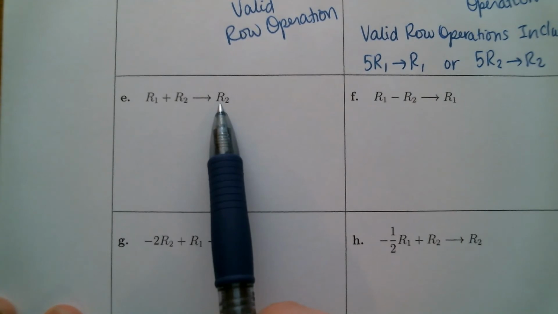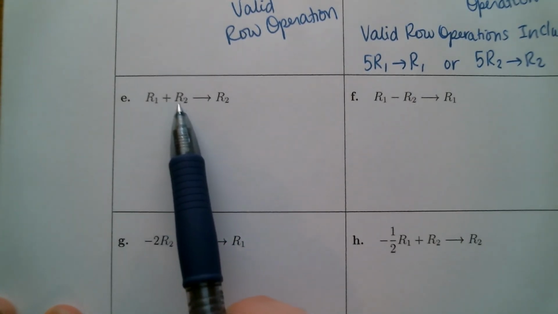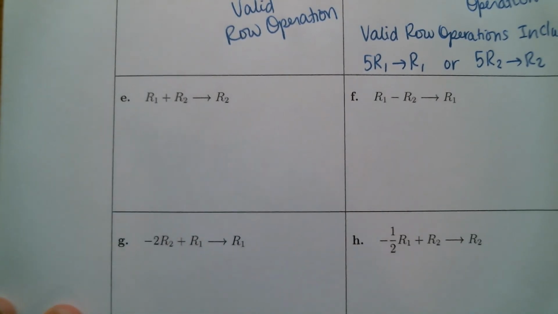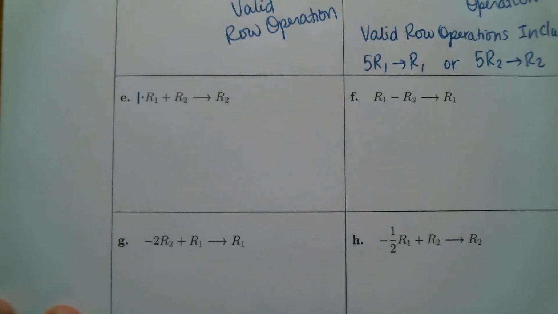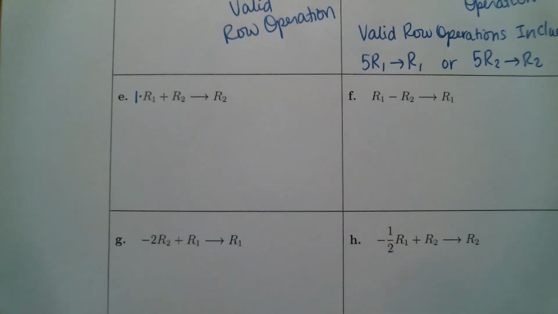So if I'm replacing row 2, I'm allowed to replace row 2 with the sum of itself and a multiple of another row. Well, this is a multiple of another row. It's 1 times row 1. So you are meeting the criteria for operation number 3. We are taking row 2 and replacing it with its sum with a multiple of another row.